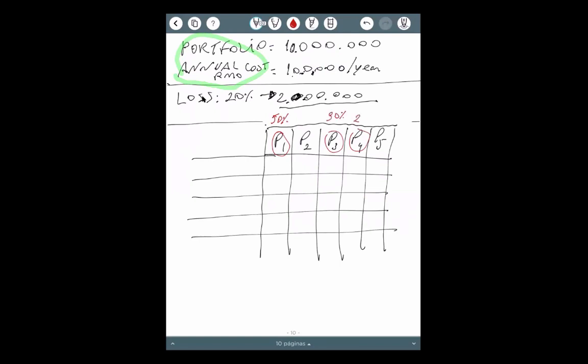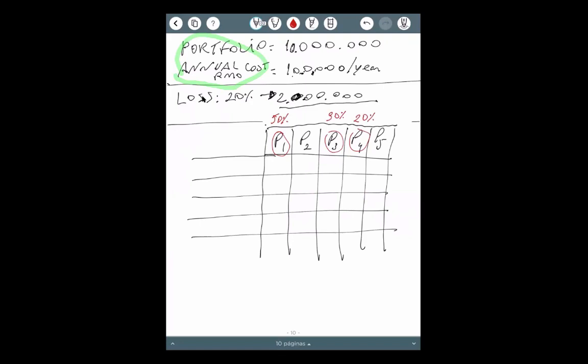And P4, 20% of my loss. Americo, but where do these numbers come from? From your mind, okay? So you are estimating. It's just an estimate. Again, it's better than nothing, right? So you will make an estimate, 50%, 30%, and 20%.